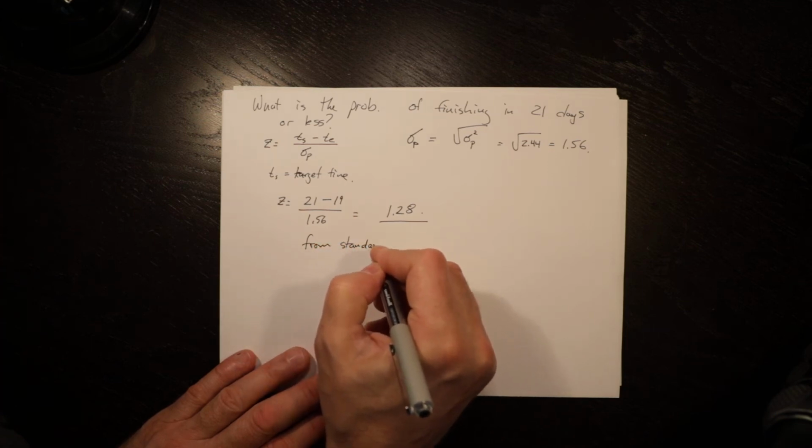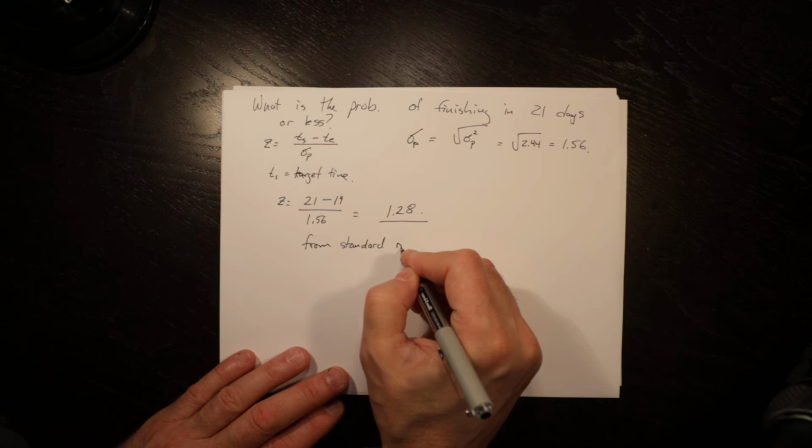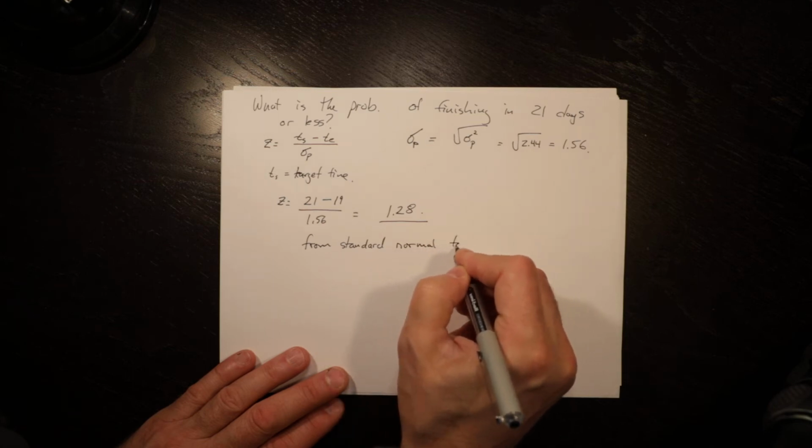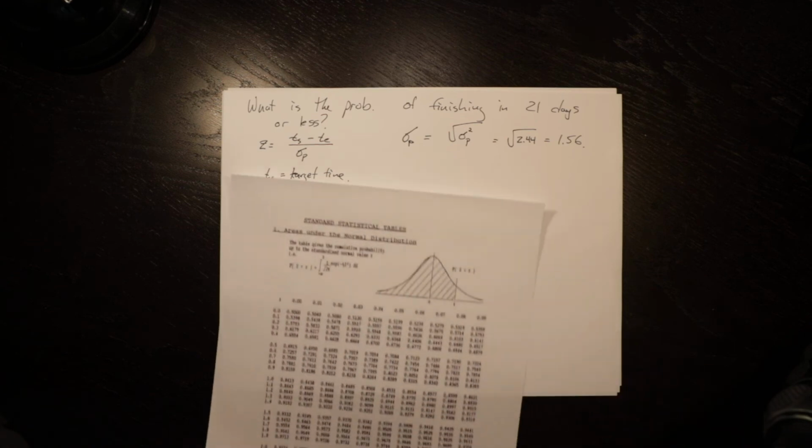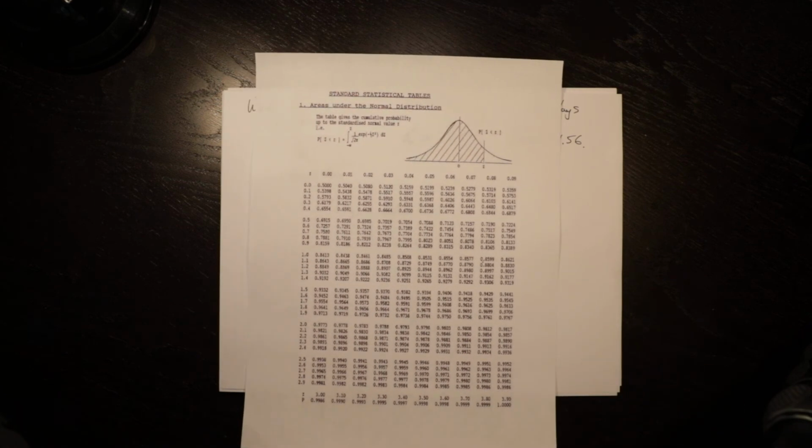Then we go to the standard normal table, and we look up that Z value. This is a standard normal table that I had handy. There's usually one in any operations management textbook, or if you Google standard normal table, you will find one.